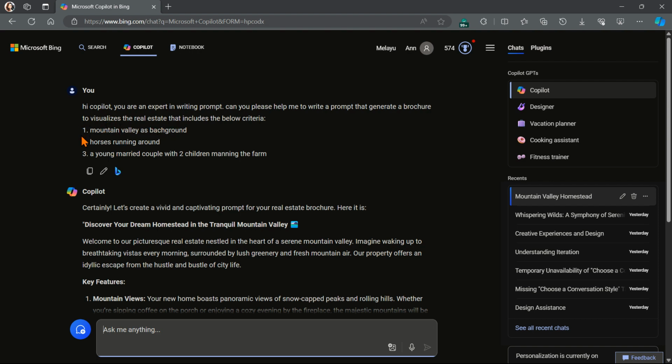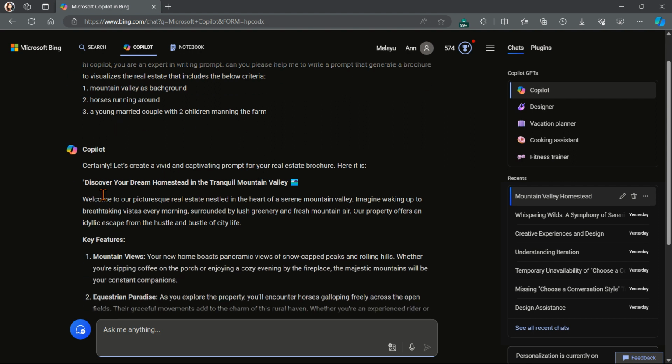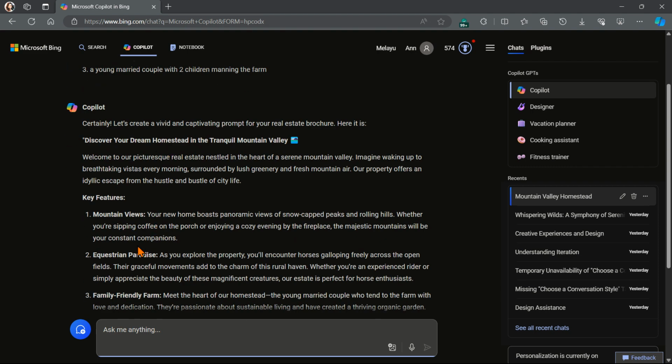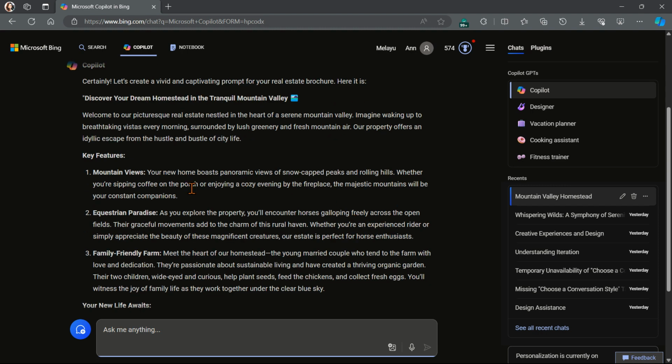Let's check whether, okay, my mistake here, background should be K. So we have to check the output whether these are included. Okay, discover your dream homestead in a tranquil mountain valley. Welcome to our real estate nestled. A key feature, mountain view. New home boasts panoramic views.